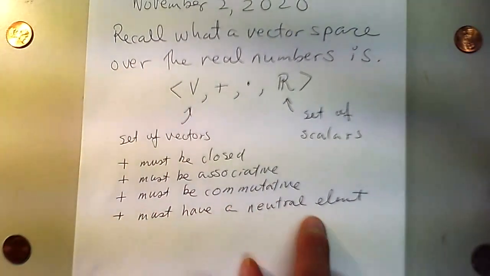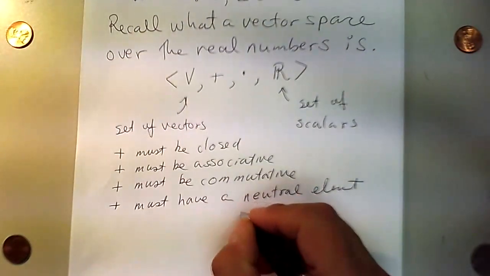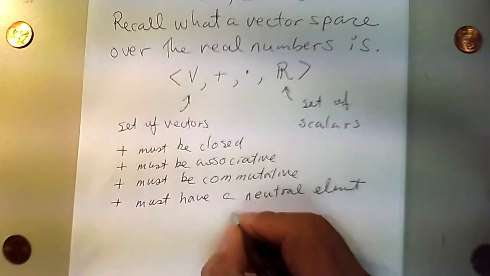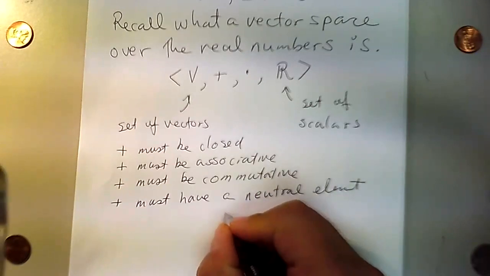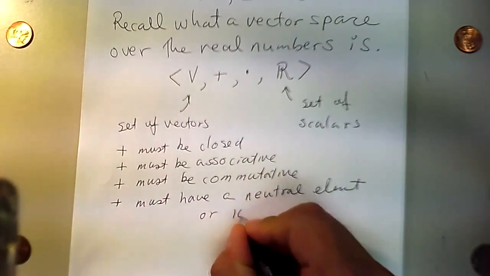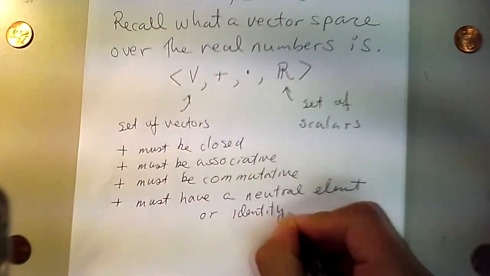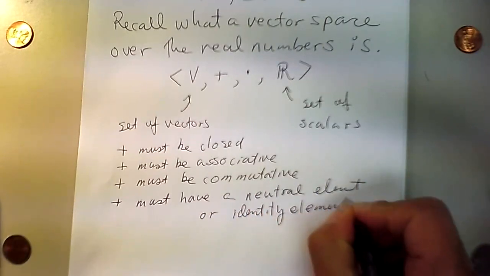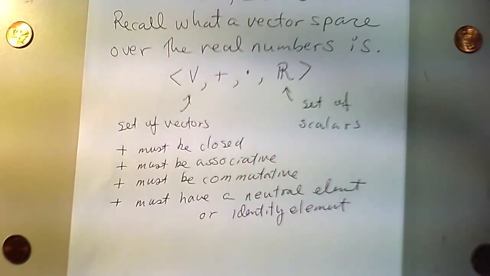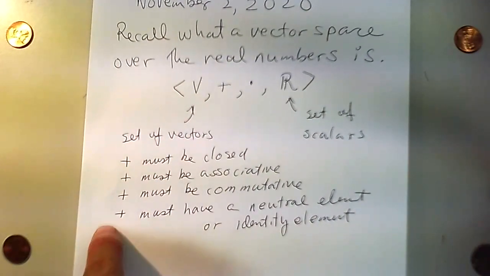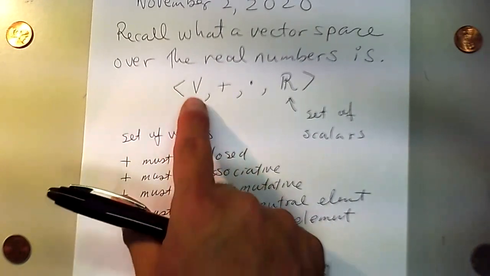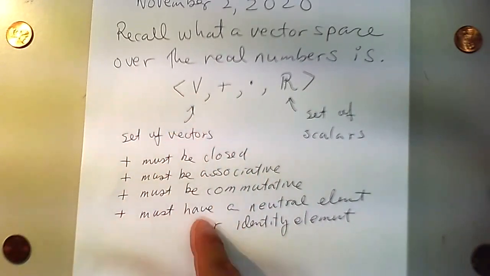What I mean by a neutral element, better known as the identity element, means that there is an element in the set of vectors so that any other element added to that element that we're talking about, the neutral element, gives you back the original one.